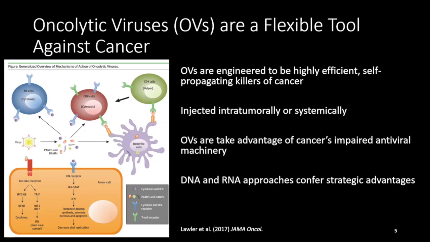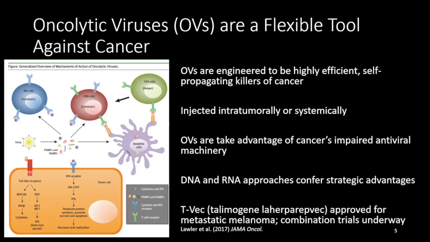Whereas DNA viruses have the ability to introduce transgenes into the cells they infect and cause the infected cells to produce pretty much anything. This is an exciting area of research, in my opinion, that is just starting to burgeon.